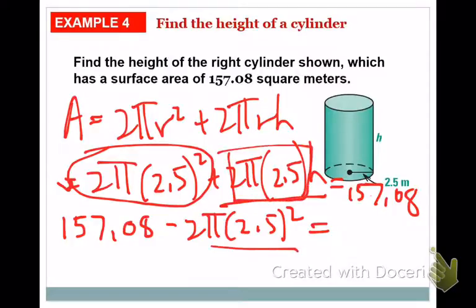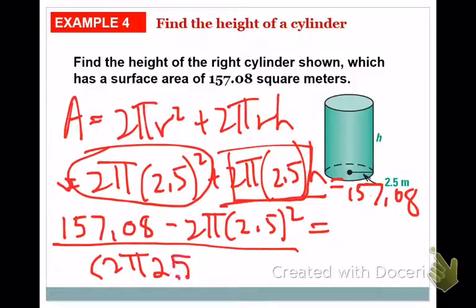So we divide all that by parentheses 2 pi 2.5. All that equals h. Go ahead and calculate the answer there.